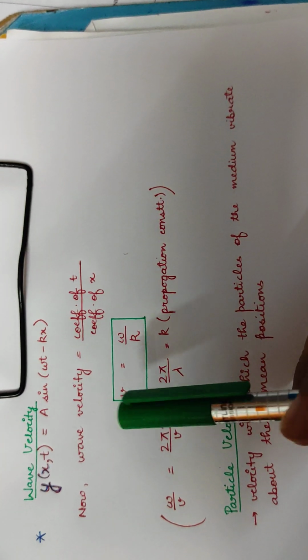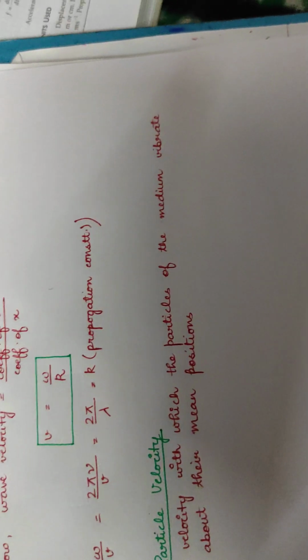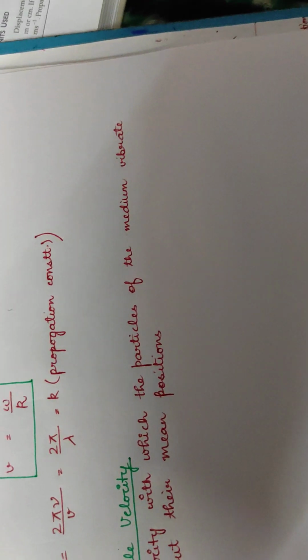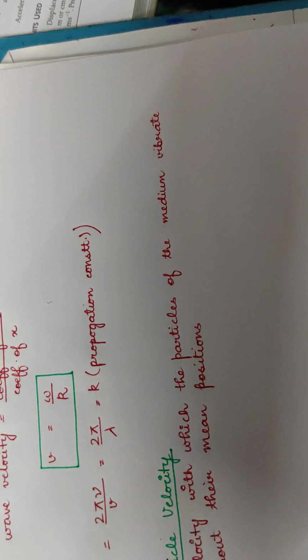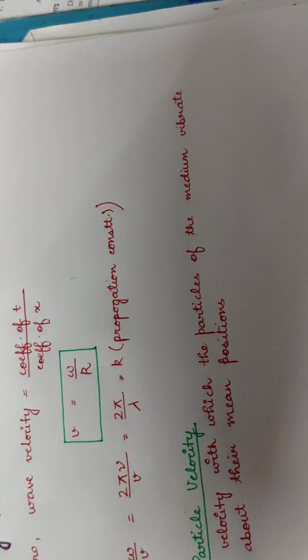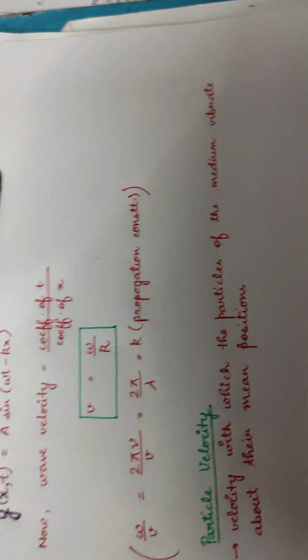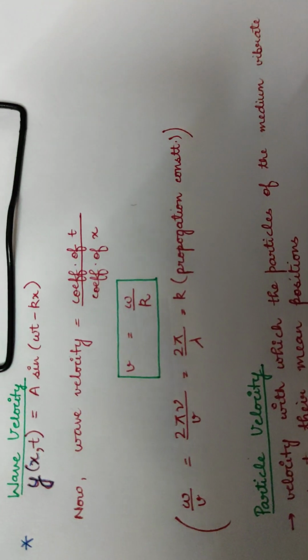Okay, now students, as you have already studied about phase and phase difference, now we are going to move to the next topic, which is wave velocity and particle velocity. As explained earlier also, wave velocity and particle velocity are different.